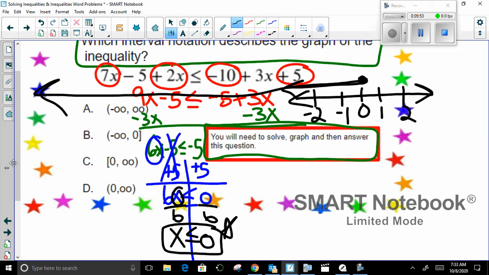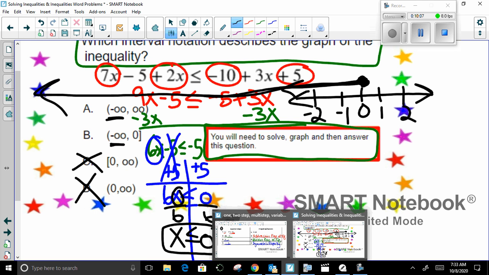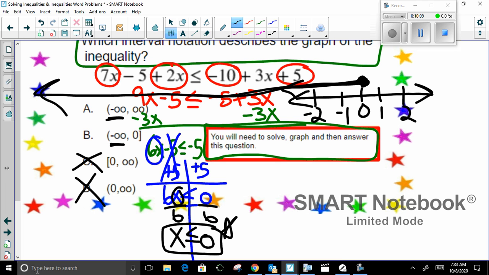The furthest it goes is negative infinity. So the only ones that start with negative infinity are the first two. So I'm going to cross out this. And then it comes from negative infinity all the way, it touches all the negatives, and then it stops at 0. And remember, 0 is included, so you should have a bracket, which would be option B.